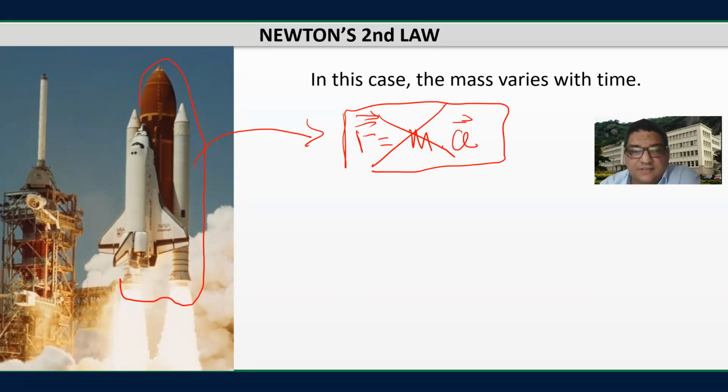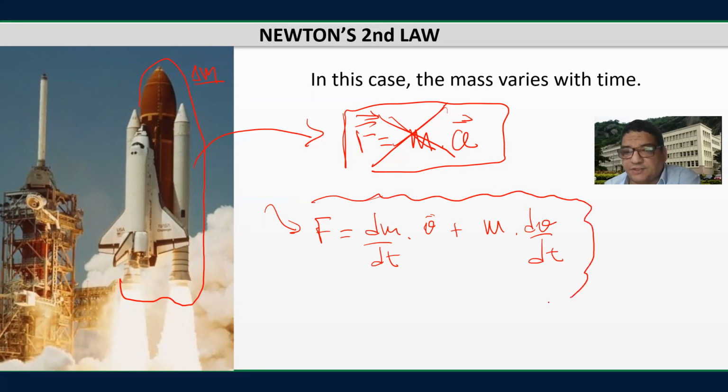So I need to understand that I have a variation of mass here, and that's why I can't use this expression. I need to use F equals dm/dt times v plus m dv/dt. This is the correct expression that I need to use. You got it?